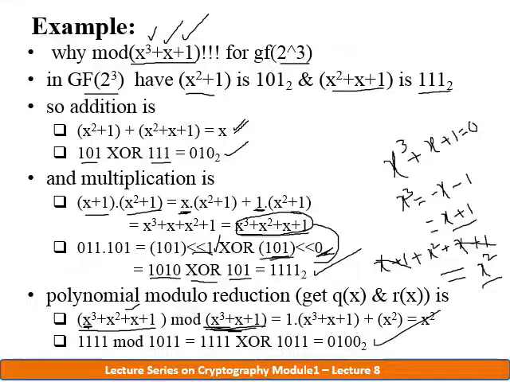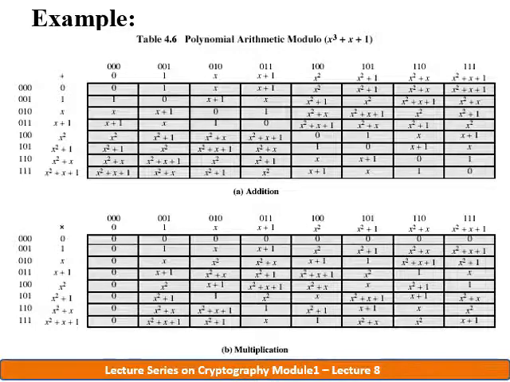For addition we do the XOR operation, whereas for multiplication, the multiplied polynomials are reduced by taking an irreducible polynomial. This way we get the results. These are the concepts we apply for the construction of the next table.